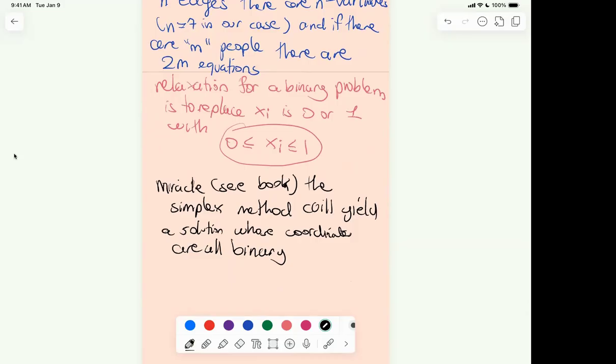So there's no need to branch, basically. For many problems, yes, you do have to branch, but not for this particular one.